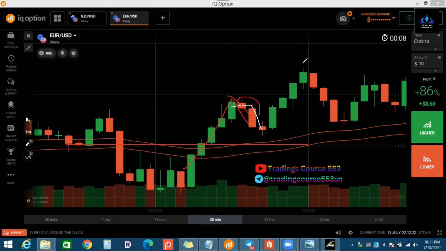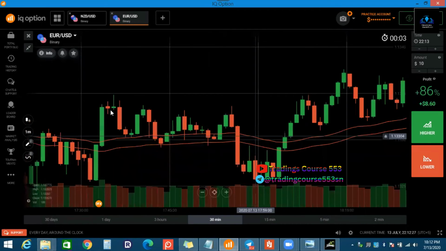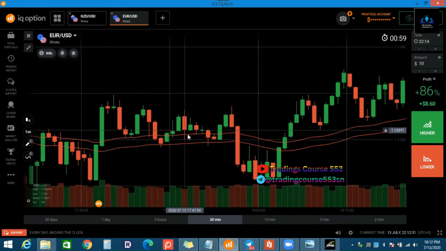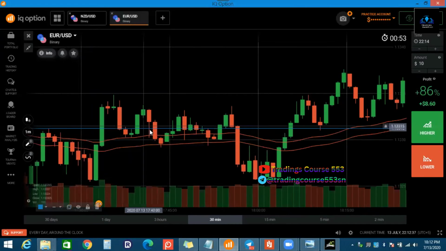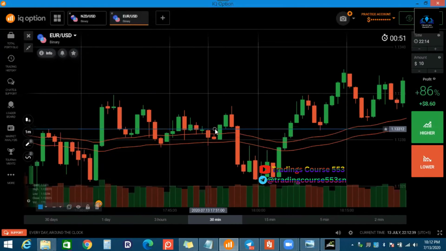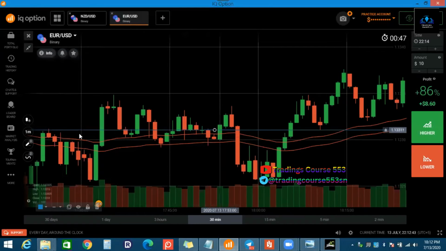And in the previous one, what is that? That is a support level. There are so many touches of the support level, support, resistance, support. So it's a good support.